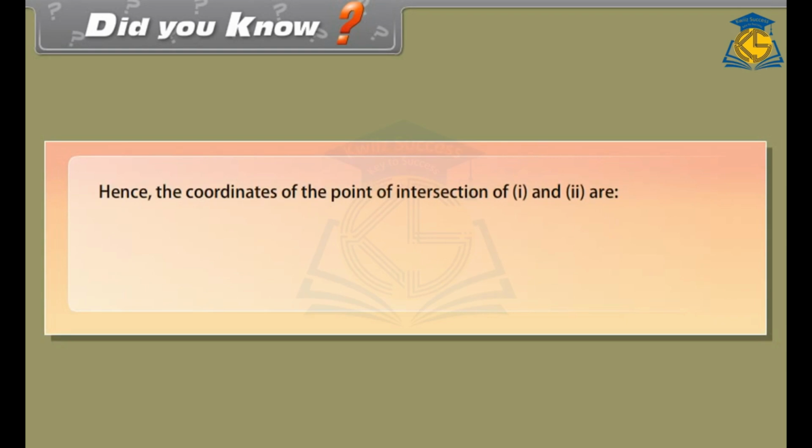Hence, the coordinates of the point of intersection of 1 and 2 are ((b1c2 - b2c1) by (a1b2 - a2b1), (c1a2 - c2a1) by (a1b2 - a2b1)).